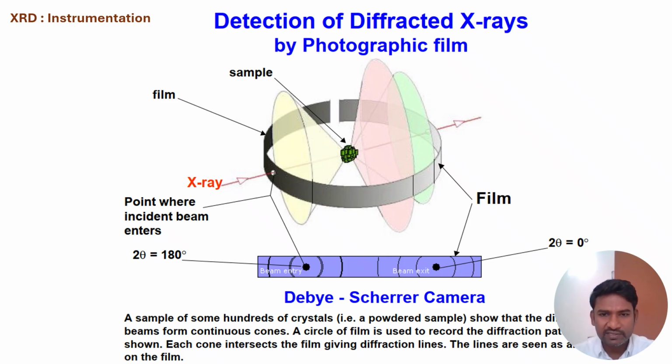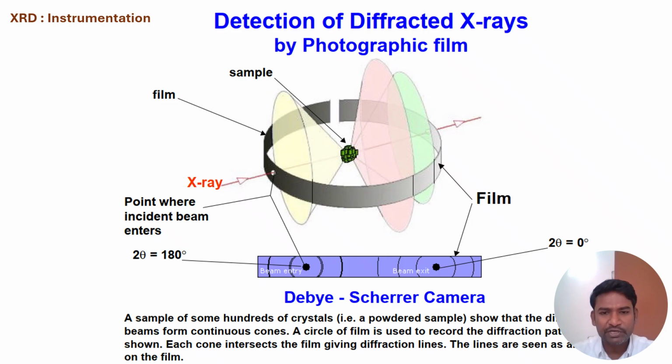The most interesting thing is that the diffracted X-rays will form a conical shape. For example, the Debye-Scherrer camera is used to measure that. A sample of some hundreds of crystals, that is powder crystals, shows that the diffracted beams form continuous cones. This is what is important.